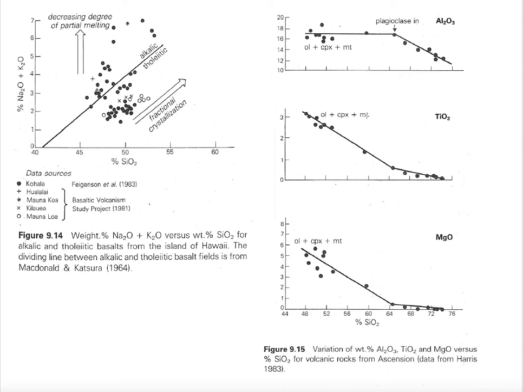Not really too much. But here we have the magnesium concentration, and it is mainly picked up by the olivine. Then the magnesium concentration becomes less in your melt, and the SiO2 concentration becomes relatively enriched.